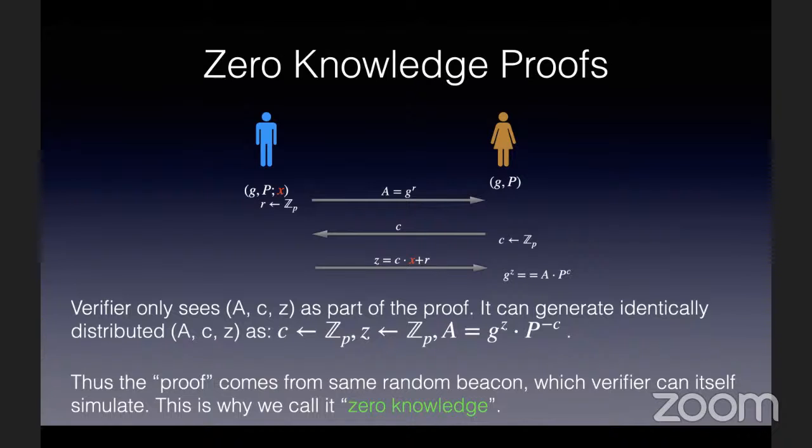Whether you can figure out X from this Z, maybe you can figure out at least some partial information about X. In the sense that if you look at A, C, Z as the transcript of this proof, you can generate this transcript with the same probability.